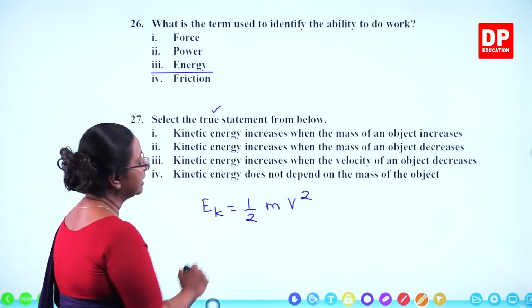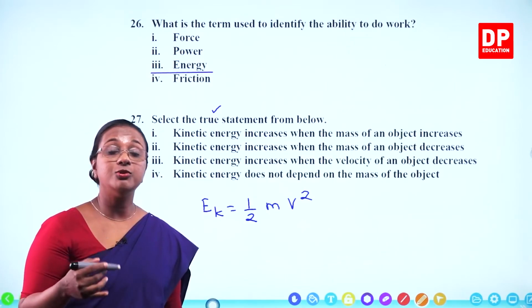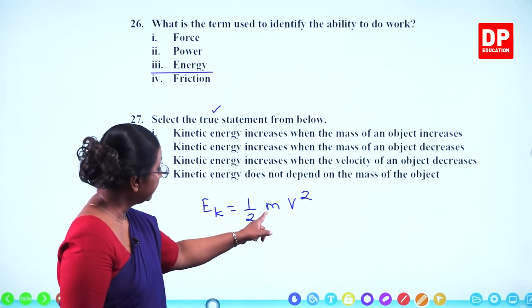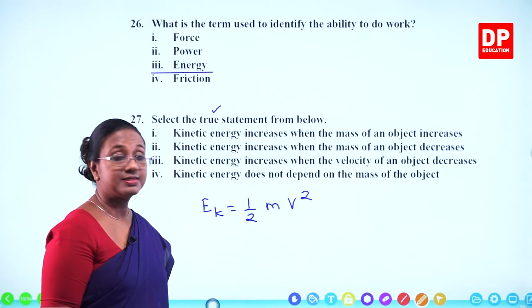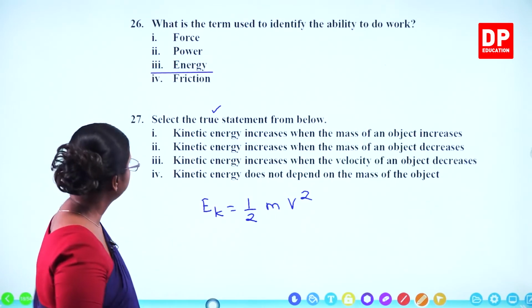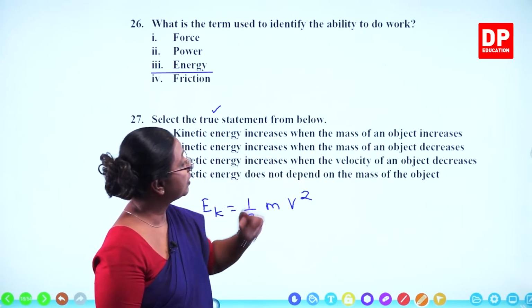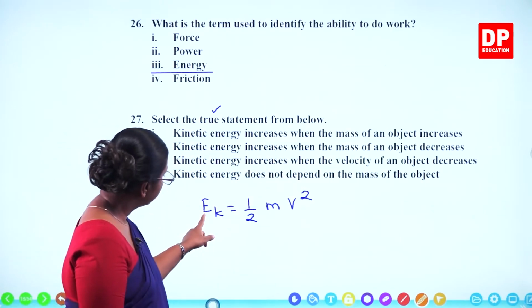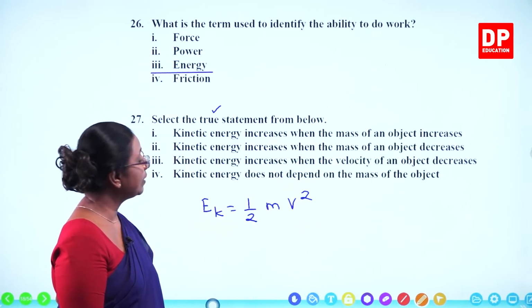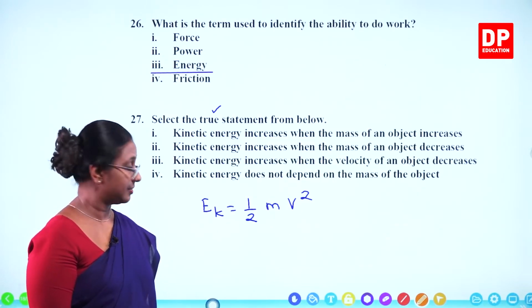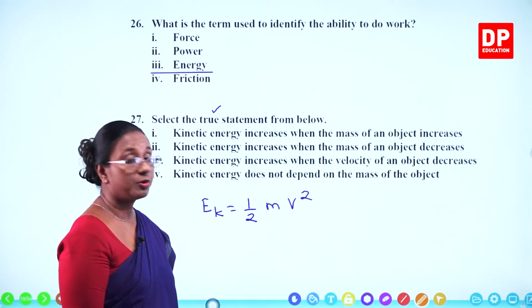This is the energy possessed by an object due to its motion. And it depends on two factors, mass and velocity of the object. So kinetic energy increases when the mass of an object increases. Why? E kinetic is proportional to mass.